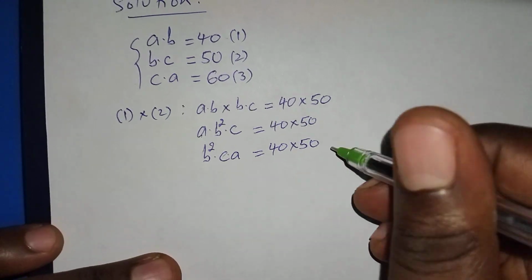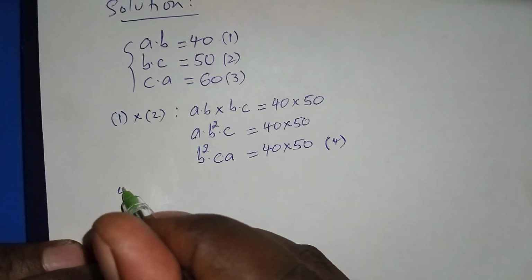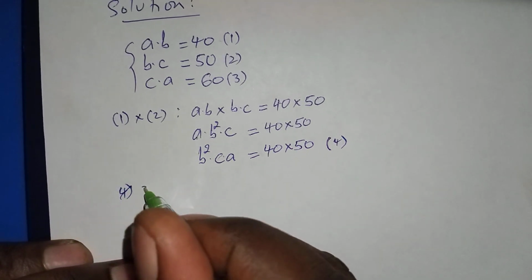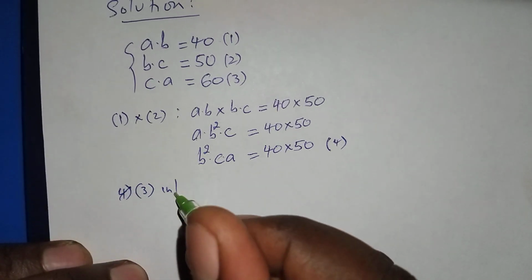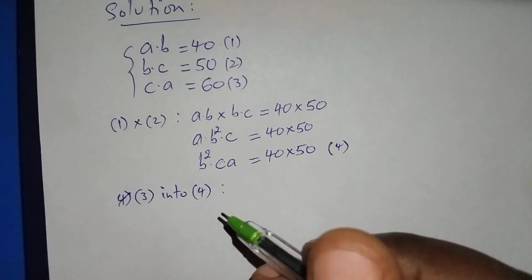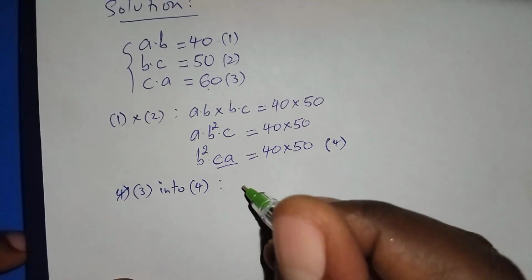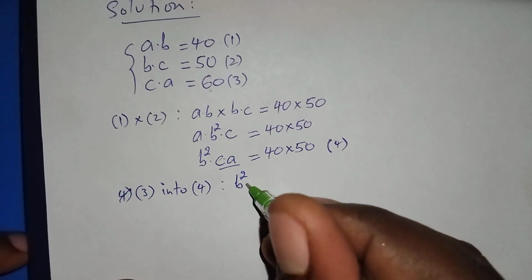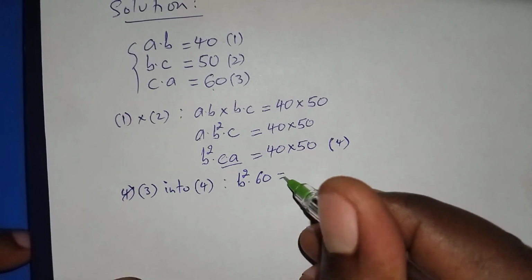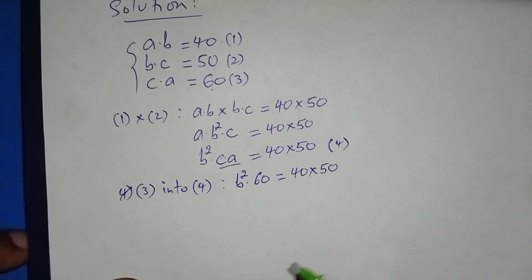This is equation 4. Let's put equation 3 into 4. This is CA, we have 60. B square times CA, which is 60, is equal to 40 times 50.